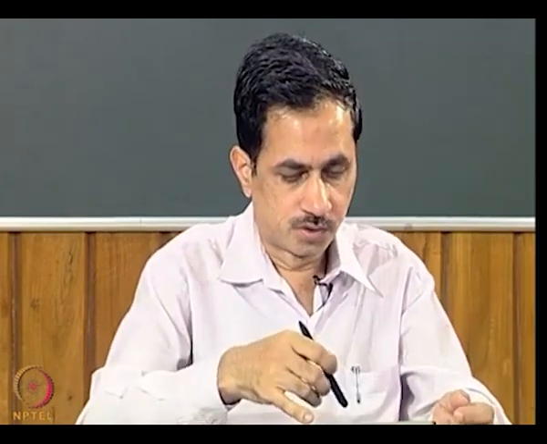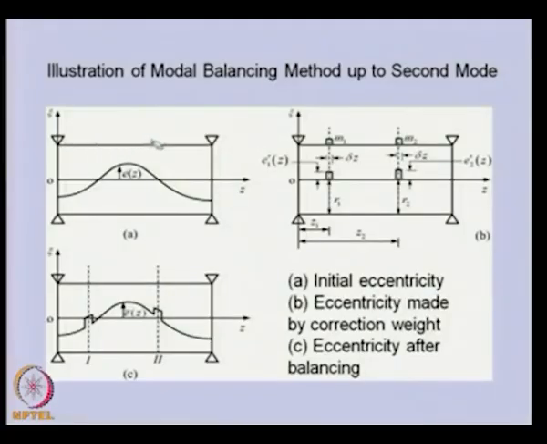So now let us see the example here. We have a shaft which is a continuous, flexible shaft. That means we will be operating the rotor up to around the second critical speed. Here is the variation of the eccentricity, which is continuously varying along the shaft, and we don't know what this variation is.